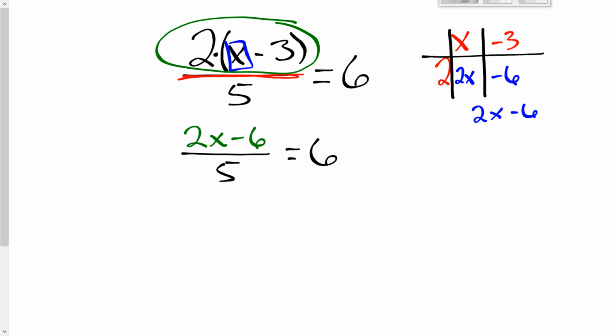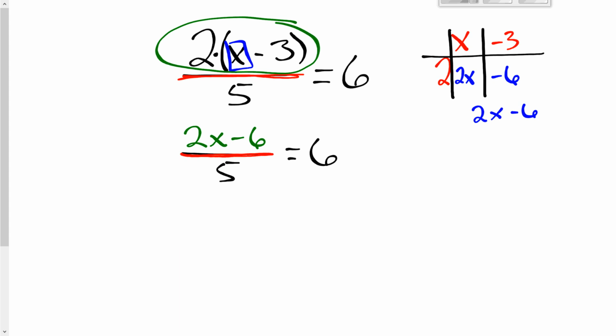Now the next thing I have to do is to get rid of our constant and then get rid of our coefficient after that. Problem is my constant here is being touched by this 5. So it's not really alone, and I can't get rid of minus 6 just by adding 6 to both sides. Again, this is what usually scares students off, this divide sign. So let's get rid of it.